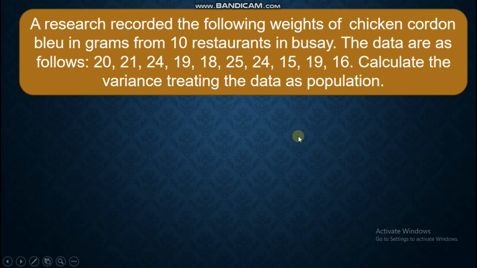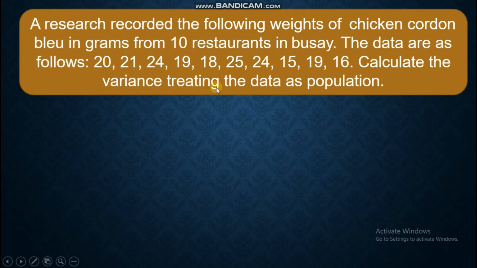Let's have an example. A researcher recorded the following weights of chicken cordon bleu in grams from 10 restaurants in Busai. The data are as follows: 20, 21, 24, 19, 18, 25, 24, 15, 19, 16.